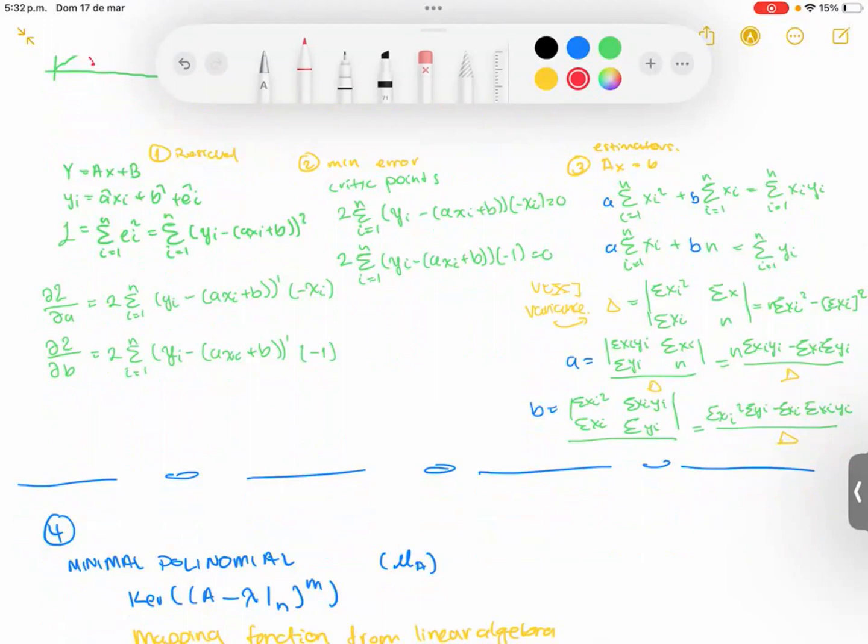What does that mean? What is a partial derivative? Very simple. You have A and B, and you have the loss function. How can we minimize this point?